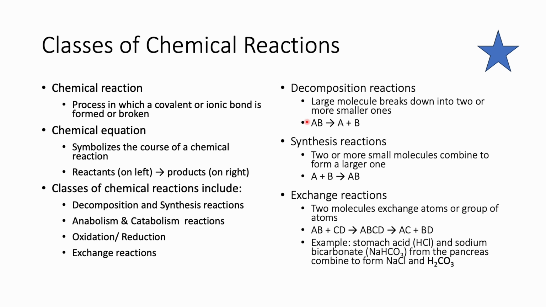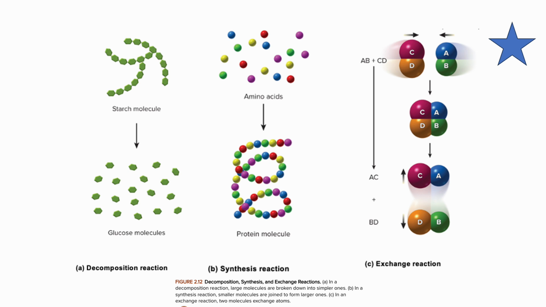And then we also have exchange reactions. This is where two molecules exchange atoms or groups of atoms. So we have AB plus CD giving us ABCD, and the exchange here gives us AC plus BD. So let's take a look at what we just read. We are taking a large molecule and breaking it down into smaller ones.